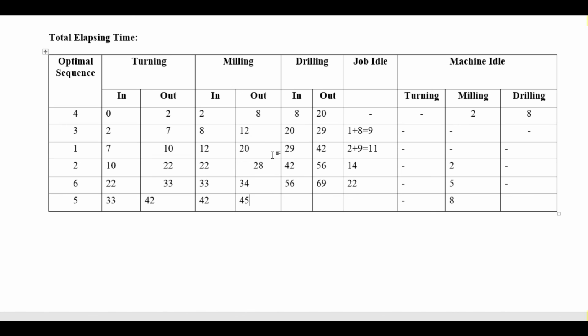But here the drilling machine was ongoing up to 69 minutes, while the job is ready at the 45th minute. So subtract 69 minus 45. That is the job idle time. 69 minus 45, this will be 24. And at the 69th minute only the job can be loaded into the drilling machine.